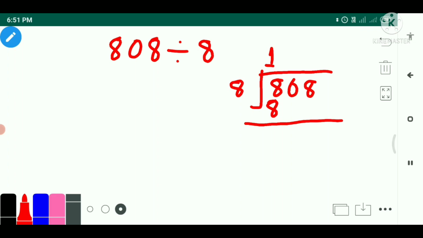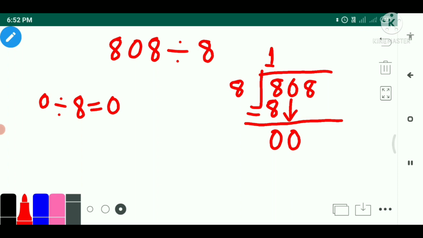Now we'll do subtraction. So 8 minus 8, it will be 0. Now one value will come down, that is 0. So now here we got zeros, right? So in that condition what we have to do, always remember, 0 divided by 8 is always 0. Okay, so if we divide 0 by any number, we'll get 0 only.